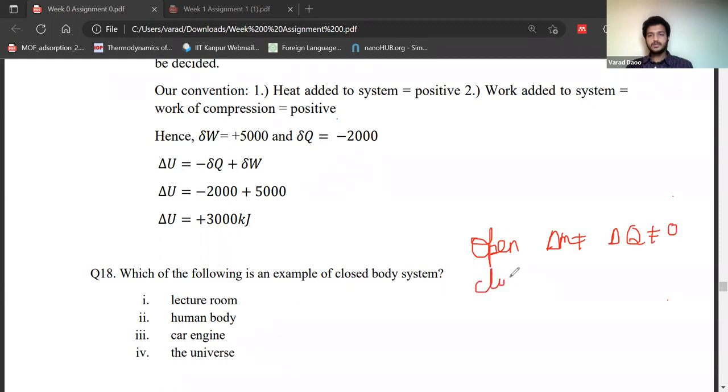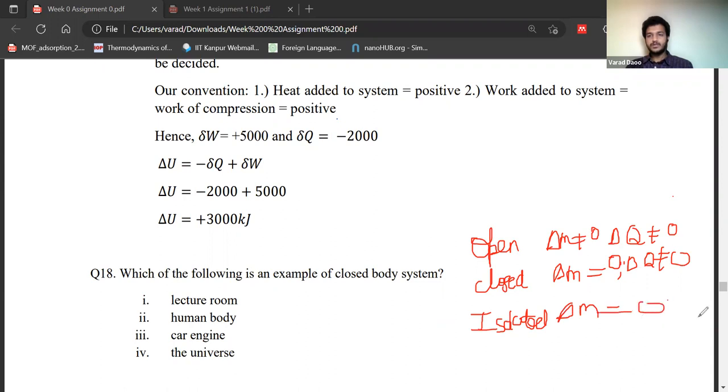Closed means delta M equal to 0, but delta Q not equal to 0. And then the last one is isolated. Isolated system is what? Delta M is equal to 0 and delta Q equal to 0.